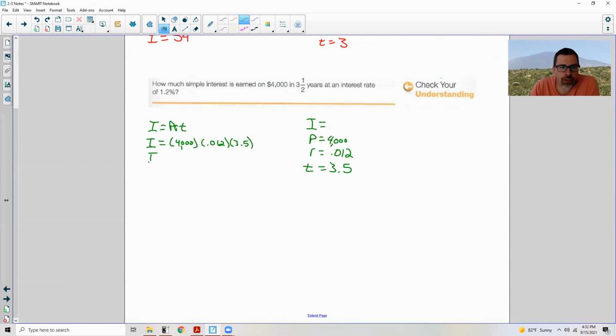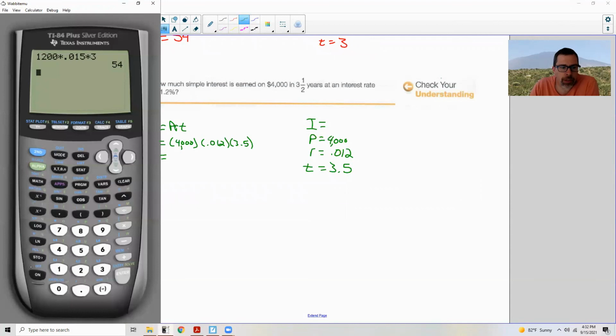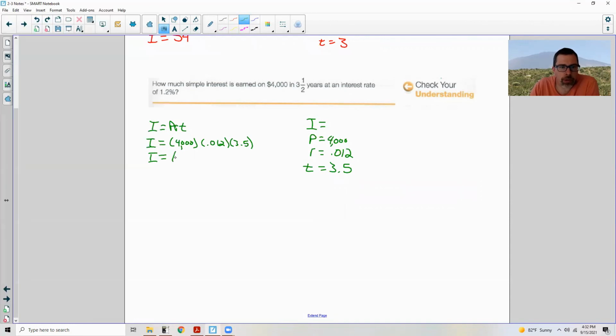And when I plug it in my calculator, 4,000 times 0.012 times 3.5, enter, and I get $168.